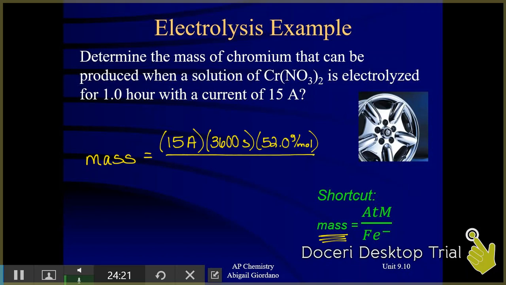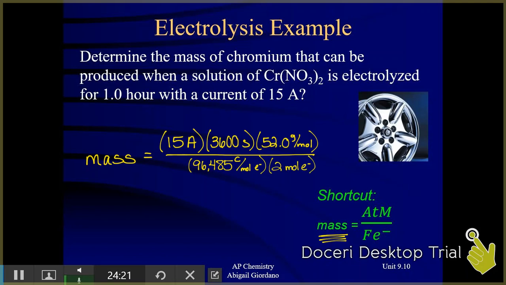And then on the bottom, F or phi, that is Faraday's constant. Coulombs per mole of electrons. And the little e on the bottom, that is the number of electrons in that half reaction. And if you remember, that was a 2.